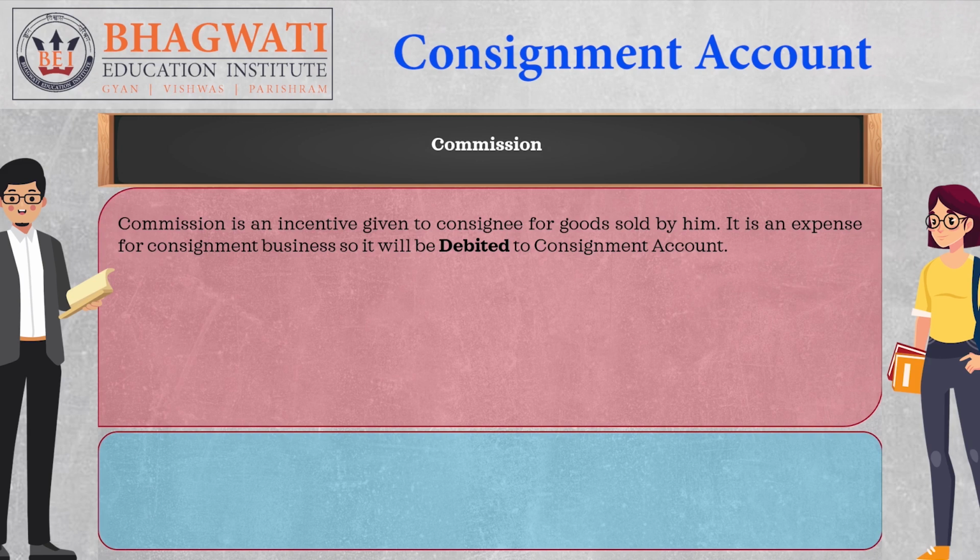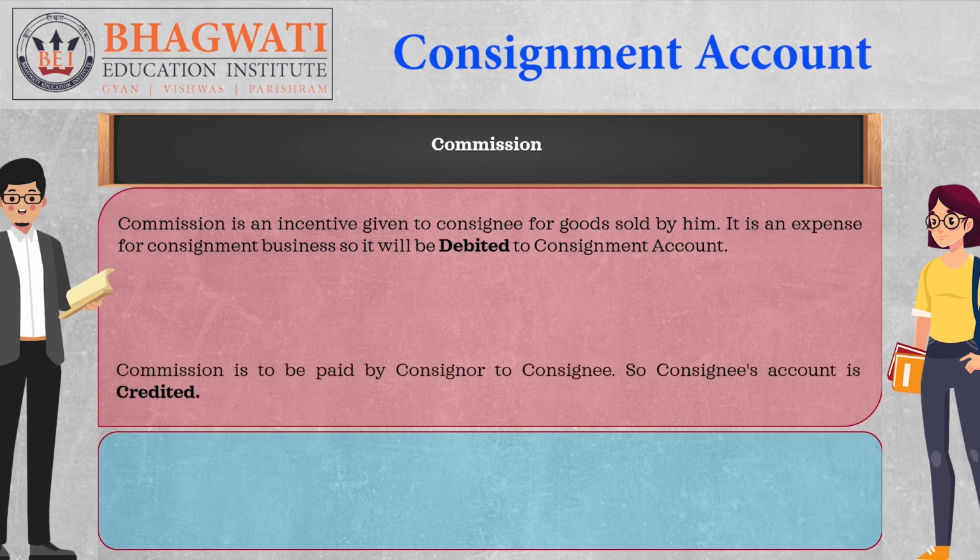So what we do, instead of paying commission to the consignee, we will recover a lesser amount of sales. It's one and the same thing. Either you take the full amount and then you pay commission, or rather you take the net amount from him. So we generally do not credit cash or bank here, but rather we give credit to the consignee. So your journal entry will be consignment account debit to consignee.